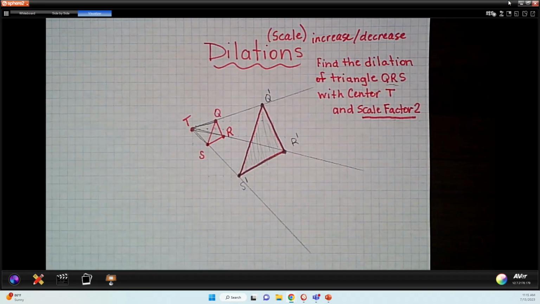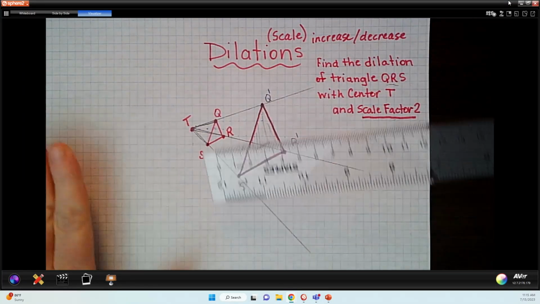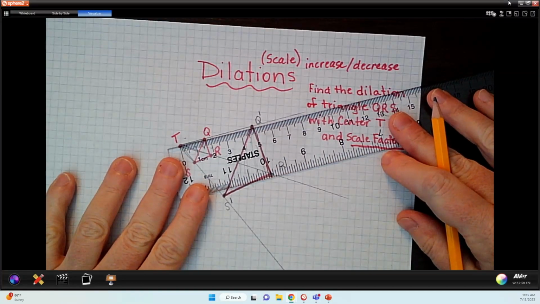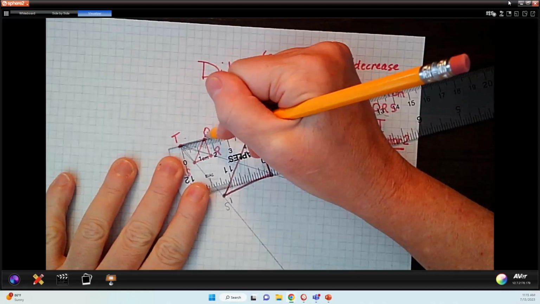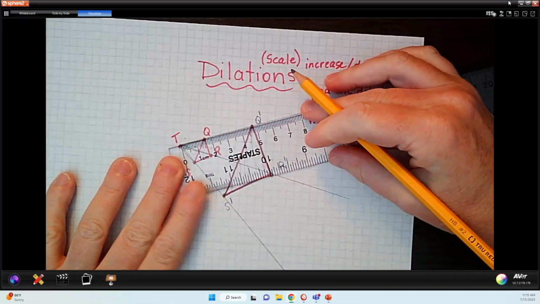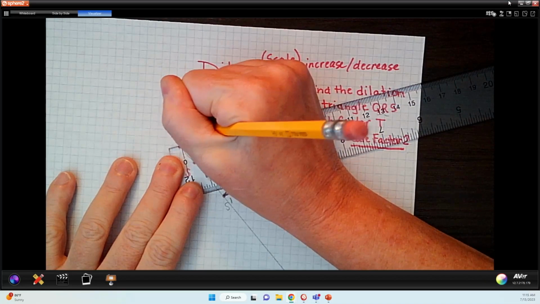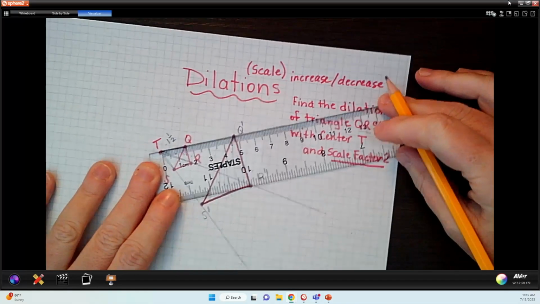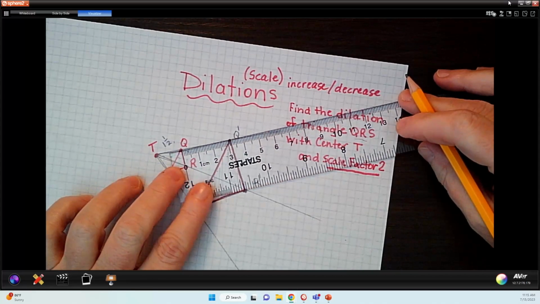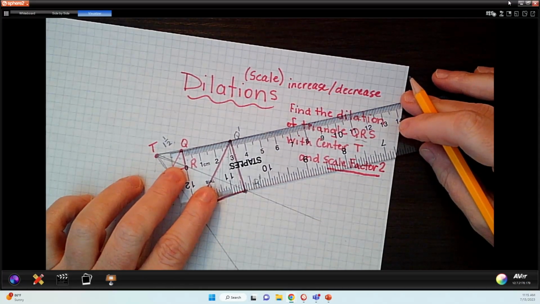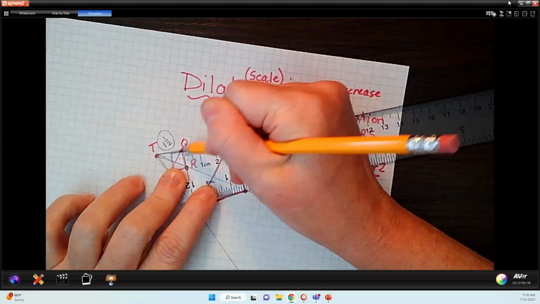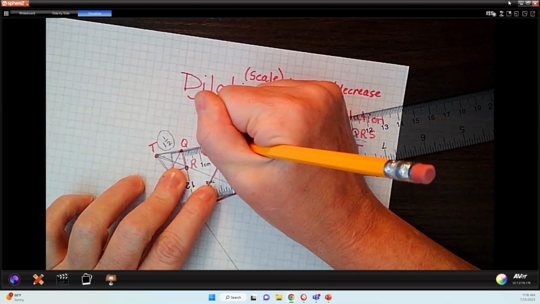Now, the other thing they can check is they can use the measuring tool, and they can see that from T to Q, the line is about 1.5. Now, if I did this correctly, the line from Q to Q copy should be double that. And you can see that it is. This is 1.5, and from Q to Q copy is 3.